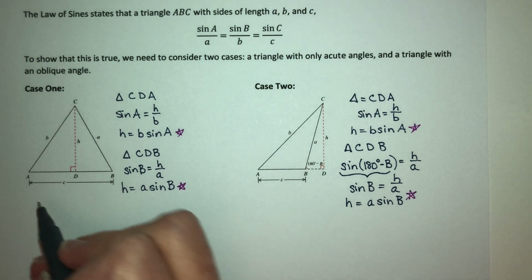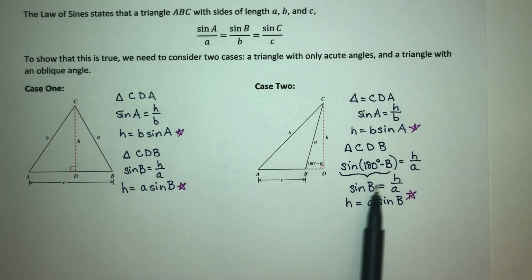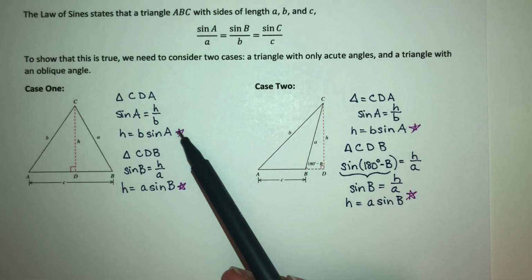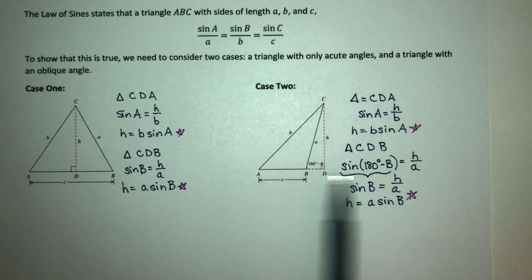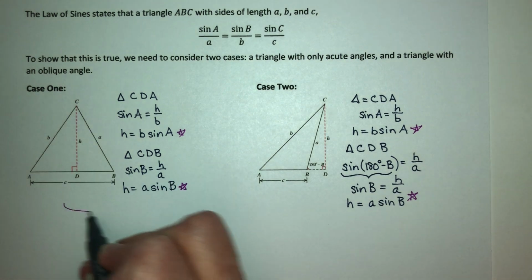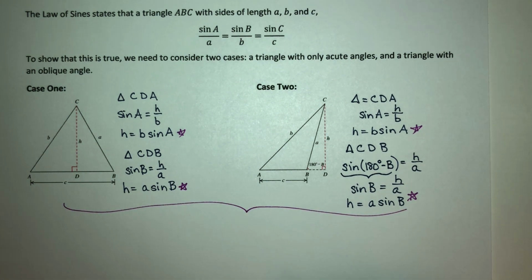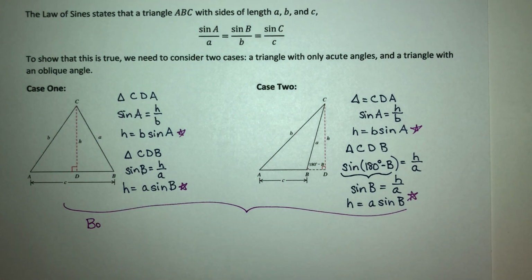Okay? Now, if you look at these two cases, each of these, by splitting it up into two right triangles, we were able to find two values for h. And what's more, in both cases, we got the same two equations for h. So if we take both of these together, we can solve both cases together from here on.